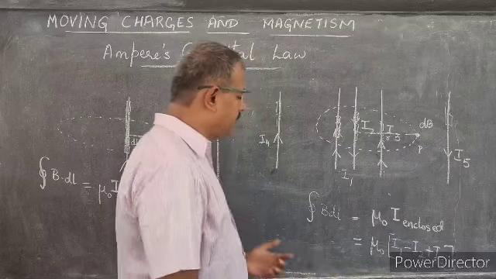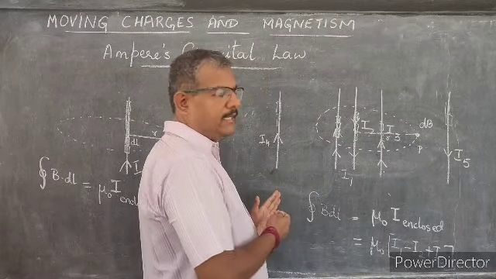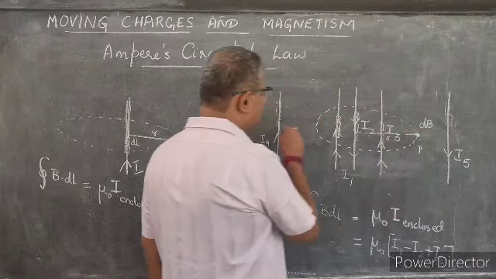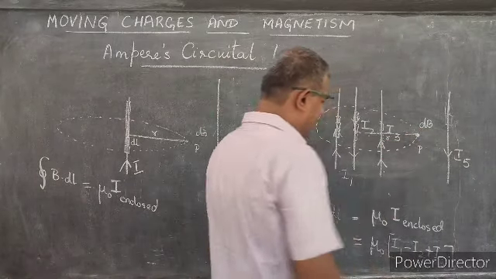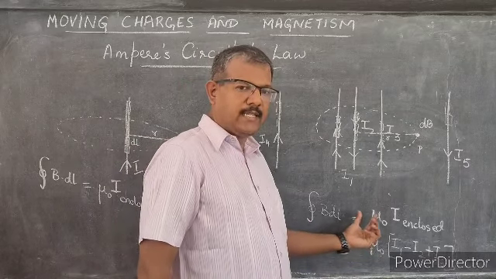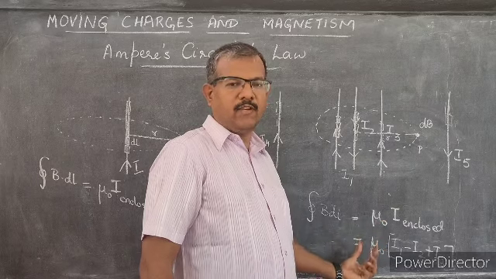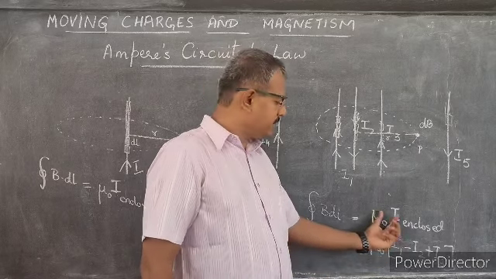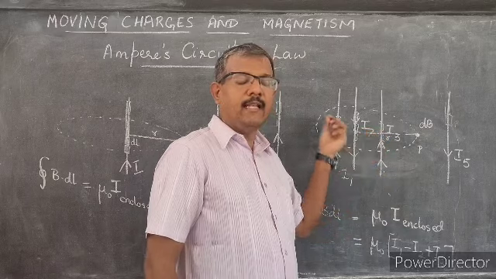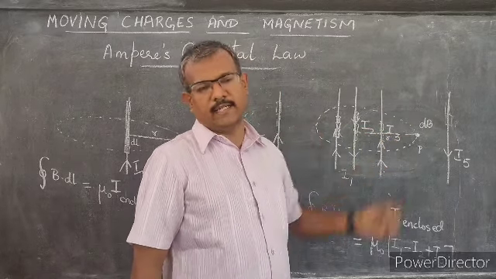So if you look carefully, the magnetic field that is being developed at point P is due to all the currents. But if you take the line integral, Ampere's law states that it is mu naught, the permeability of free space, times the currents enclosed within this space and not the ones outside it.